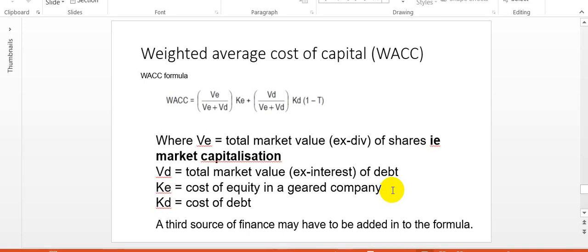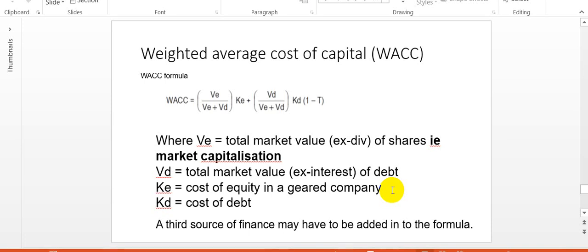The formula is given as WACC equals VE over (VE plus VD) multiplied by KE plus VD over (VE plus VD) times KD minus the tax shield.